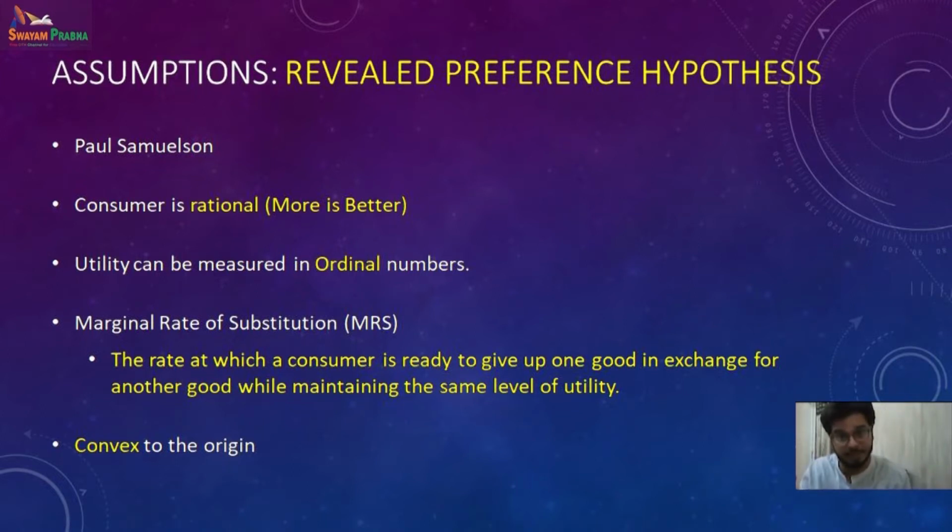So to get one extra unit of rasgulla, why will you sacrifice gulab jamun? You won't, right? The person who loves rasgulla will not sacrifice much gulab jamun for it. The person who loves gulab jamun will not sacrifice many gulab jamuns. So it is like that.